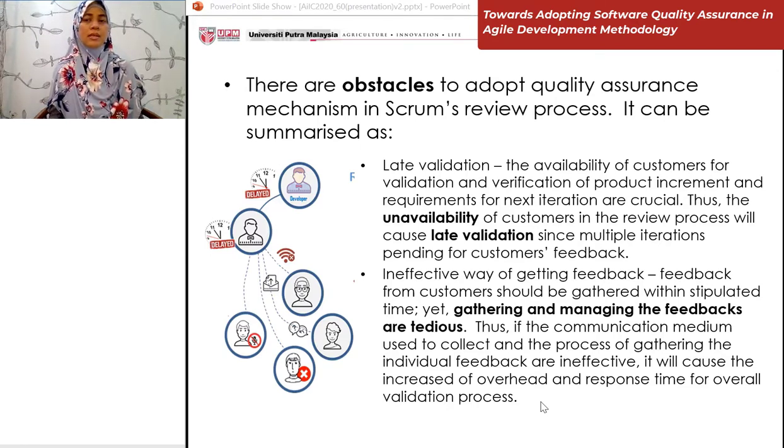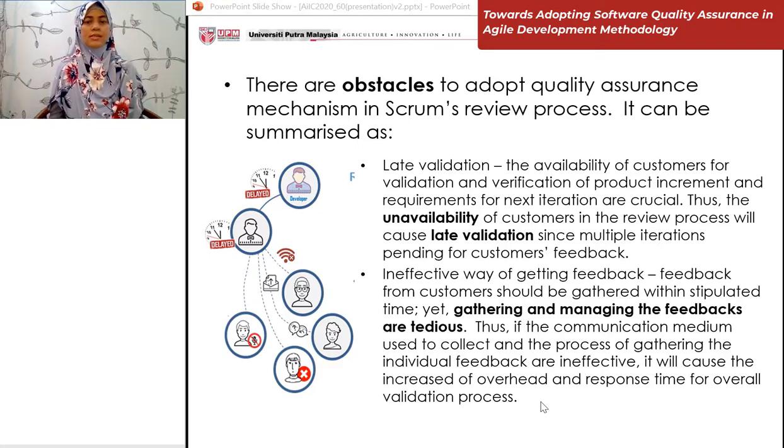This is because customer feedback is important for decision making, so it is crucial to make the customer available. Unavailability of the customer in the review process will cause late validation since multiple iterations are pending customers' feedback.